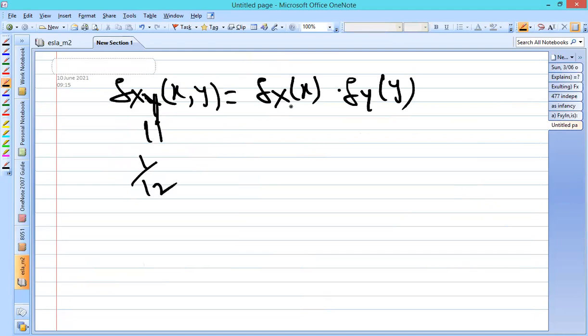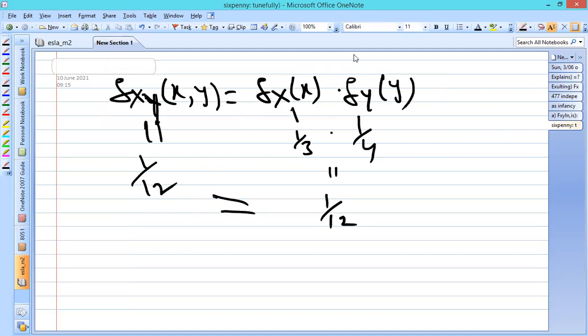And here we have obtained f_X(x) as 1 by 3, and this is 1 by 4, which is the same as 1 by 12. So x and y are independent of each other. X and y random variables are independent.